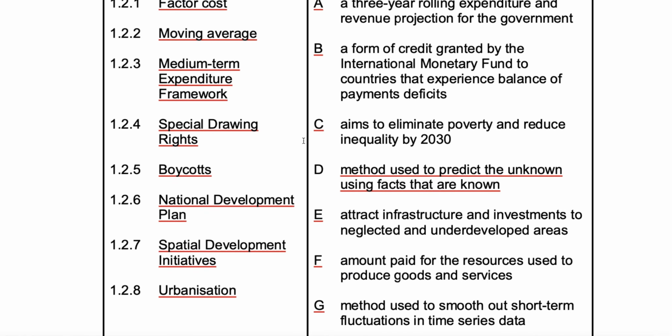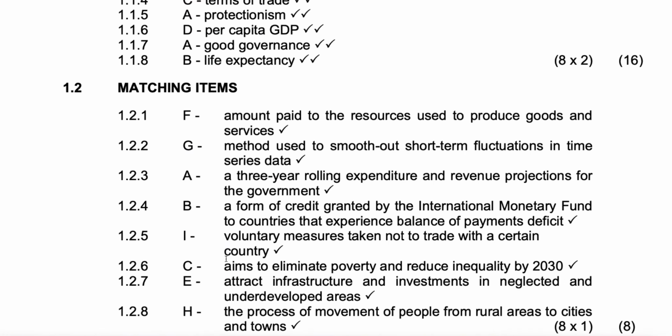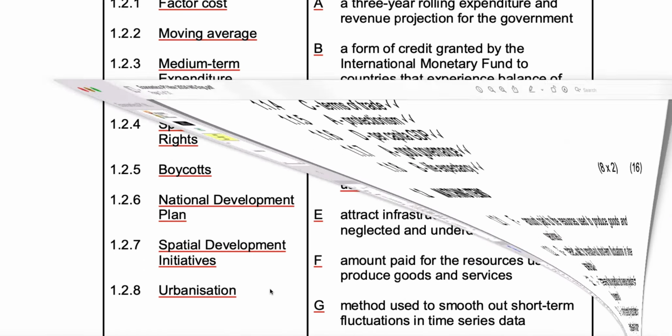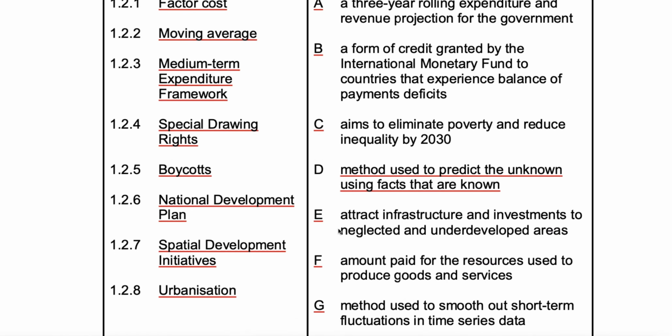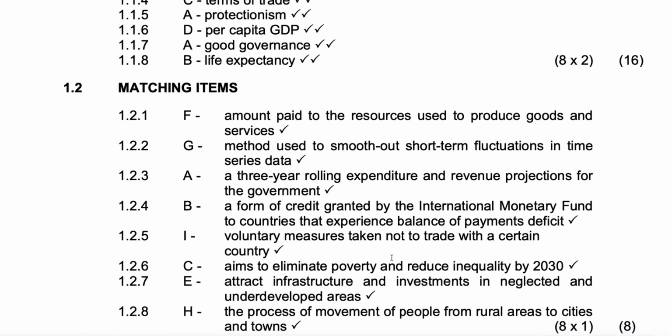Boycott. I. Then C. Yes. NDP. This one C. Then the last two, it says EH. E. Yes, the one I was saying, underdeveloped areas, development. E. I.